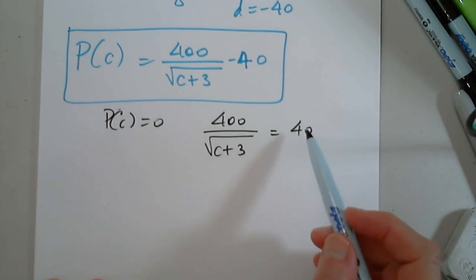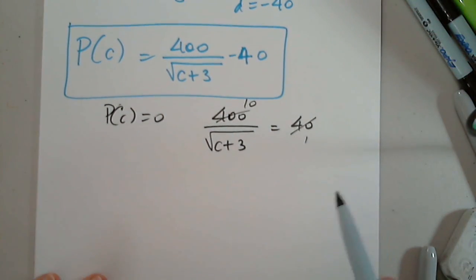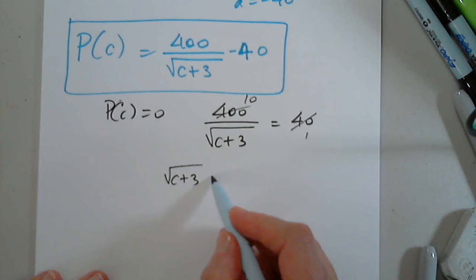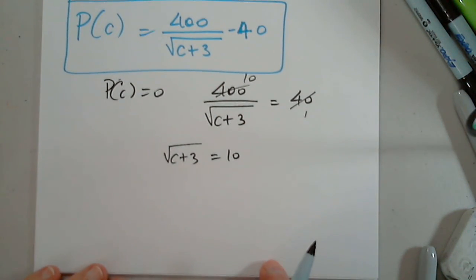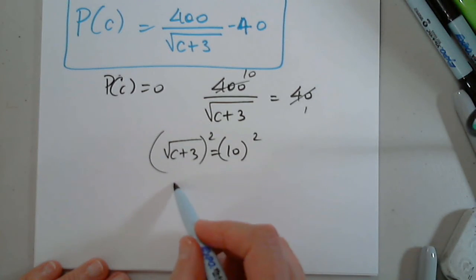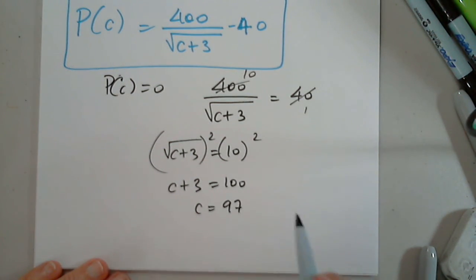And I will simplify by 40. I'll divide both sides by 40. So then the square root of c plus 3 must equal 10. And I have to square both sides. So c plus 3 equals 100, so c equals 97.